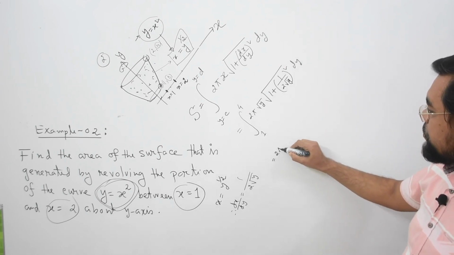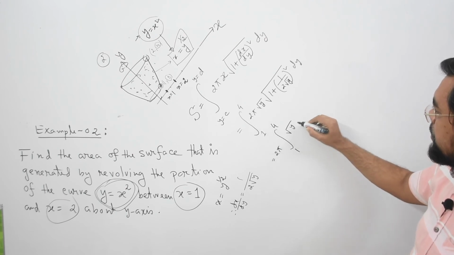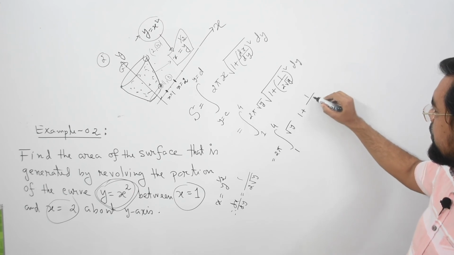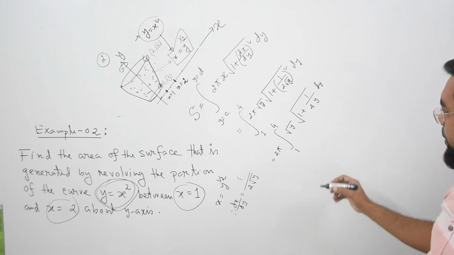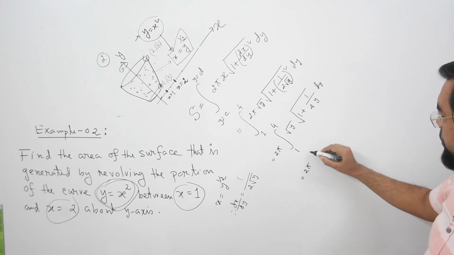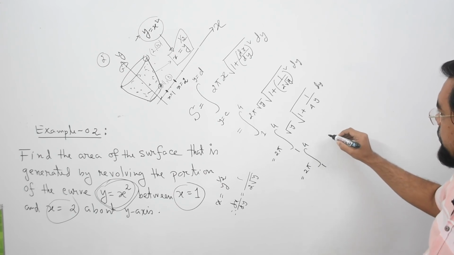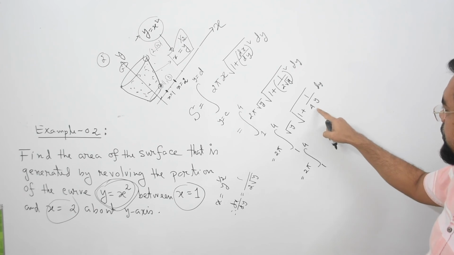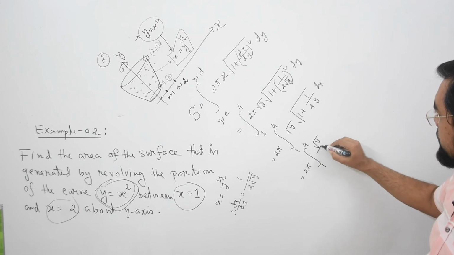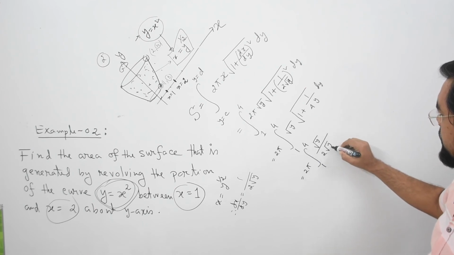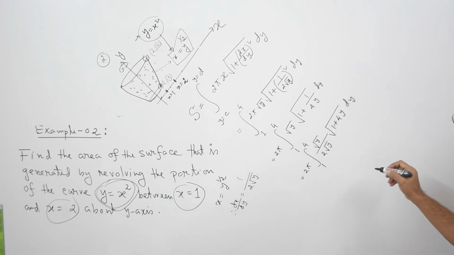And this equals 2 pi, 1 to 4, root y times the square root of 1 plus 1 by 4y, dy, which equals 2 pi, 1 to 4, we can take 4y out of the square root, then it will be root y divided by 2 root y, the square root of 1 plus 4y, dy.